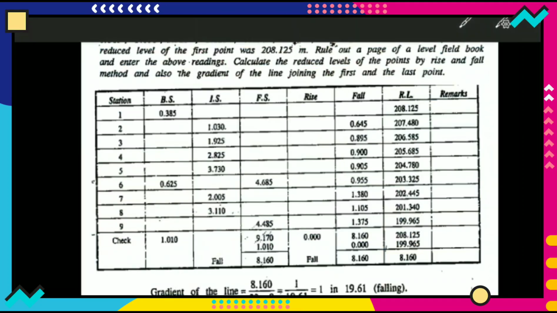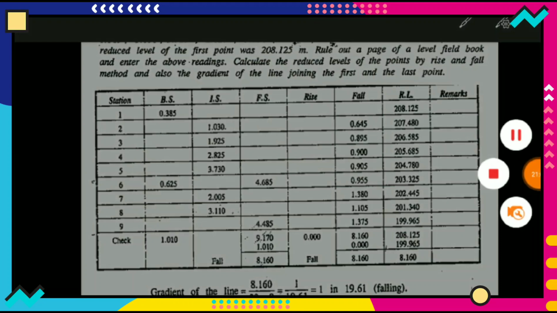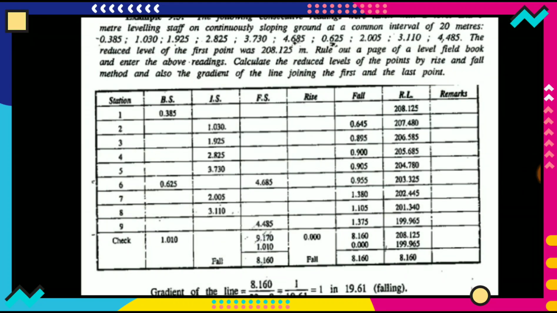This is another question and the last question of this video. Following consecutive readings were taken with a level and 5 meter leveling staff on continuously sloping ground at an interval of 20 meter. Okay, so these readings are given to you.